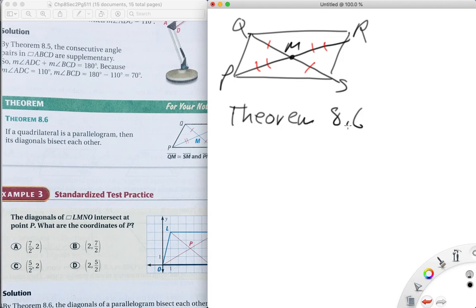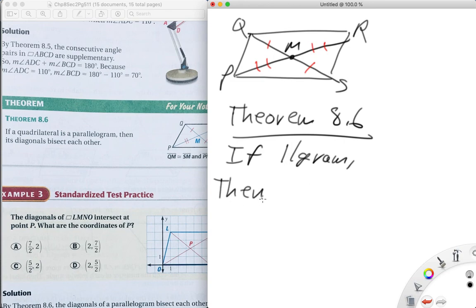So theorem 8.6. If a quadrilateral is a parallelogram, then in this case the diagonals bisect each other.